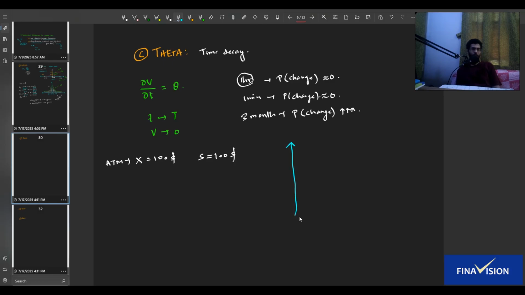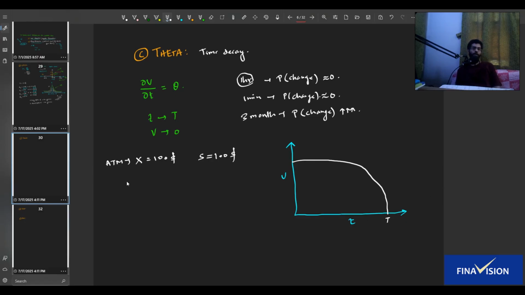The vertical axis represents the value of the option, or the option premium, and the horizontal axis represents the time. Here the curve will look something like this for the ATM option. This curve moves down very, very steeply near the time of expiry, which is given by capital T, let's say.